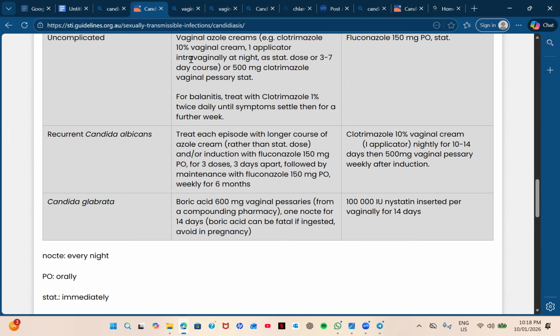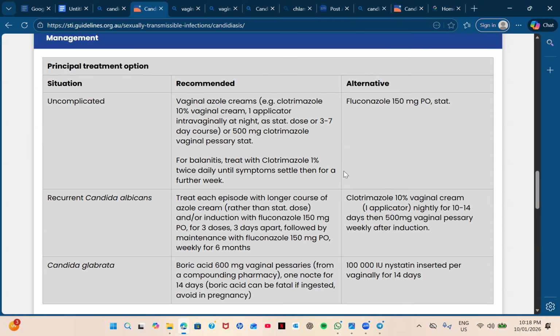So in that case, what is next? What is the first step of management? Here, STI Australia mentions boric acid 600 milligram vaginal pessaries, one daily for 14 days, and this is their recommended treatment.